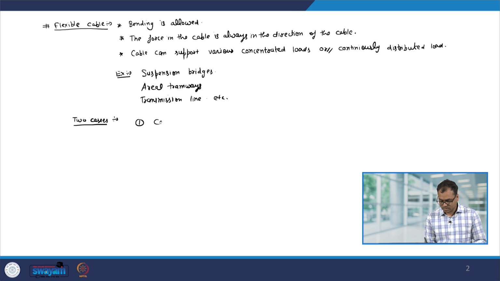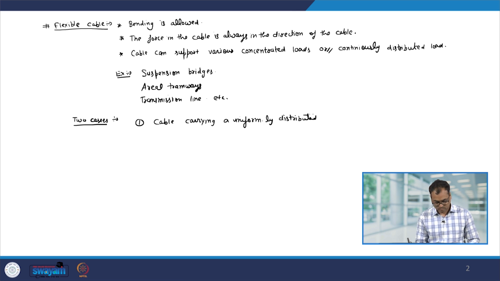In the first case, the cable will carry a uniform distributed load along the horizontal axis. So, we have a cable carrying a uniformly distributed load along the horizontal line.